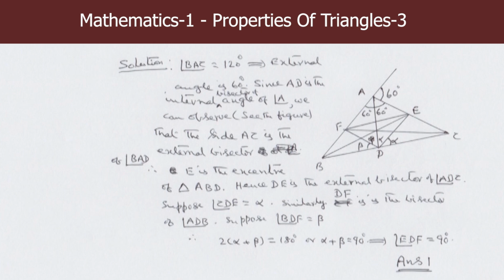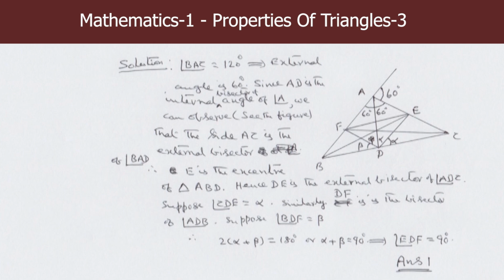Generally this problem won't require any properties of triangle. It requires only elementary geometry. So by hypothesis, angle BAC is equal to 120 degrees. Since AD is the internal bisector of the angle A, the external angle at A is 60 degrees.